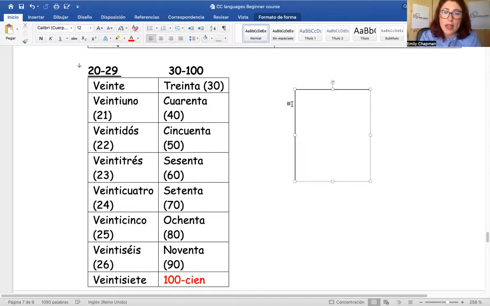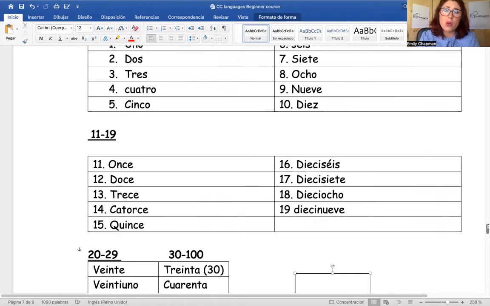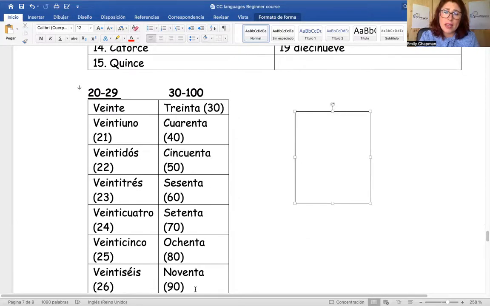I would do the same then with my 60s. 60, 61, 62. I'm not going to do the whole list because that's going to become very boring, as long as we know how to pronounce these here and our first ones.